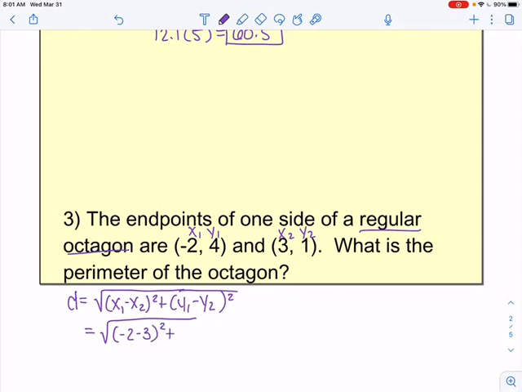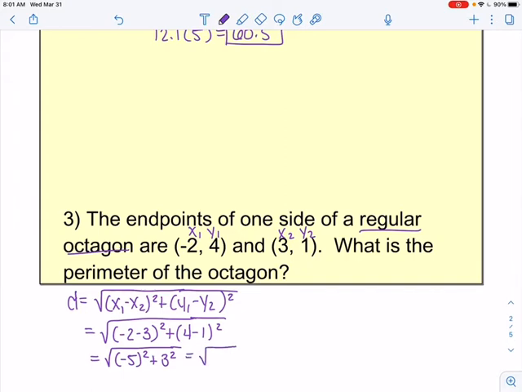And for y1 minus y2, we'll have 4 minus 1, and we need to square that. So -2 minus 3, again, please use your calculator here. Again, no point in getting points off because you can't subtract. -2 minus 3 is -5, so we're going to have -5 squared, and 4 minus 1 is 3, so we'll have -5 squared plus 3 squared.